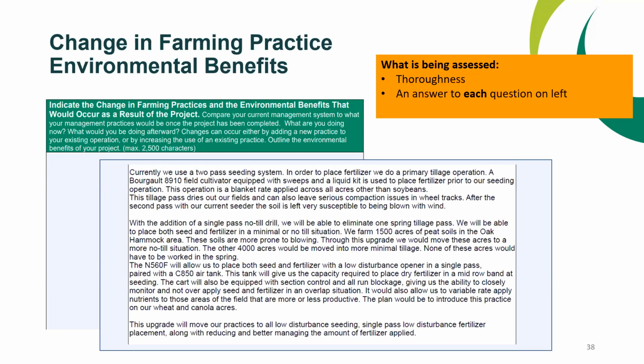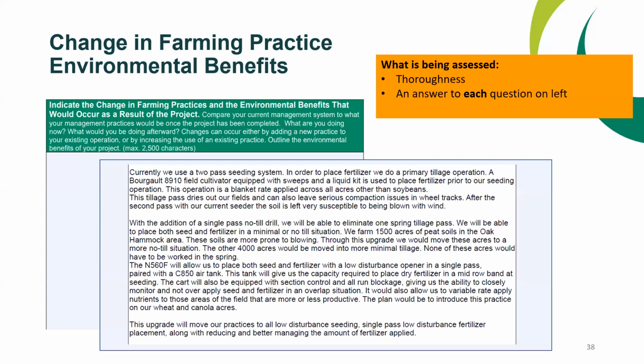Changes can occur either by adding a new practice to your existing operation or by increasing the use of an existing practice. That's important too. We need to know what your practice is currently, whether you're actually implementing something new or increasing the use of something you're already doing.